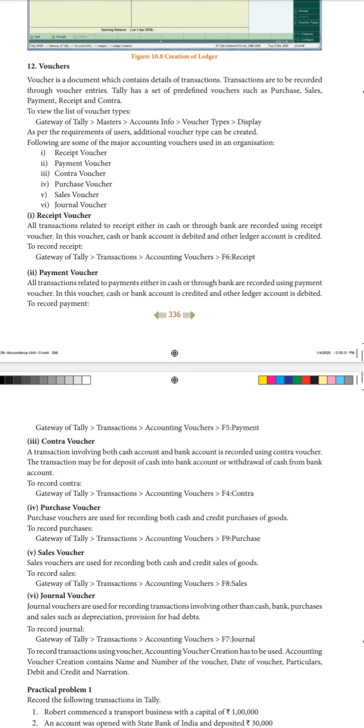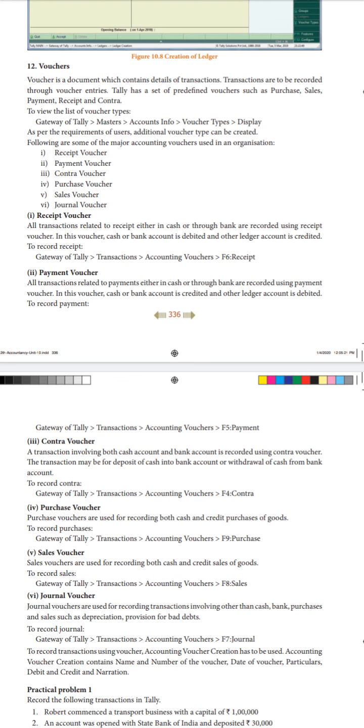If we come across any contra entries like this, then we enter them in the contra voucher. For that, Gateway of Tally, Transactions, Accounting Vouchers, the F4 feature should be used for contra vouchers.